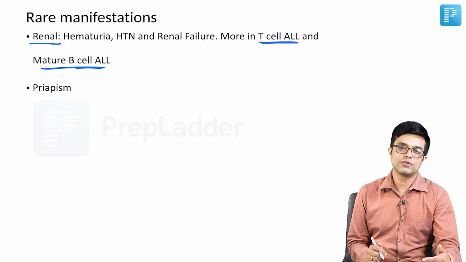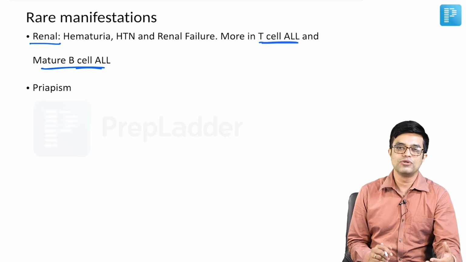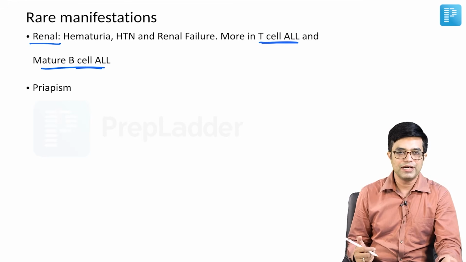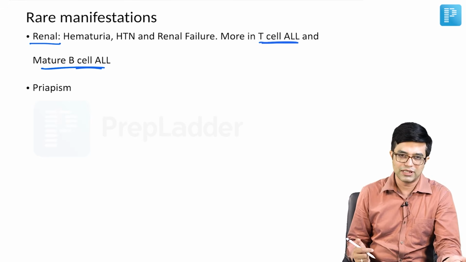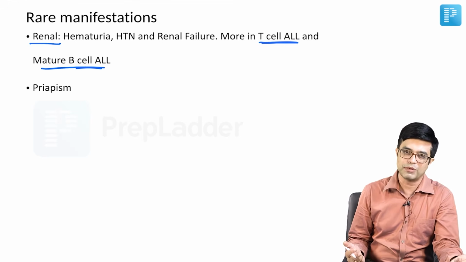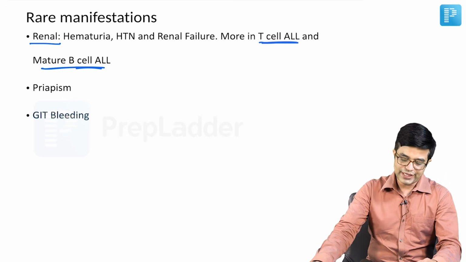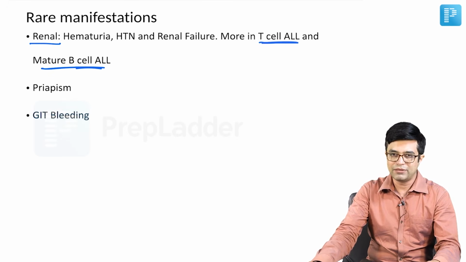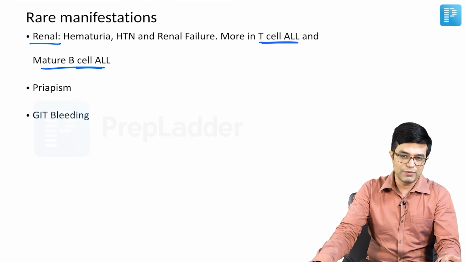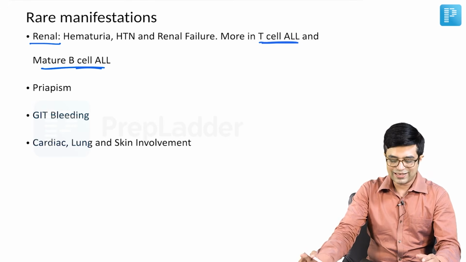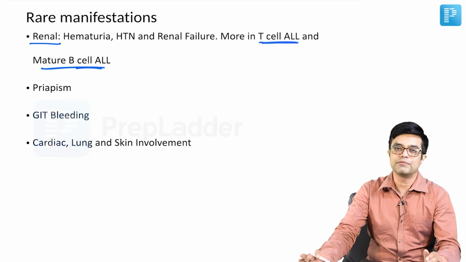Many times it can also occur due to leukemic cells producing a localized thrombotic dysfunction. Mechanisms can be varied. It is a rare manifestation, but it is mentioned in the standard book, so we need to remember priapism of multiple origins can sometimes be seen in male children with ALL. Then GIT bleeding can manifest. GIT bleeding can be in the form of fresh bleeding or it can be in the form of occult bleeding. And finally, cardiac, lung and skin involvement have sometimes been described.